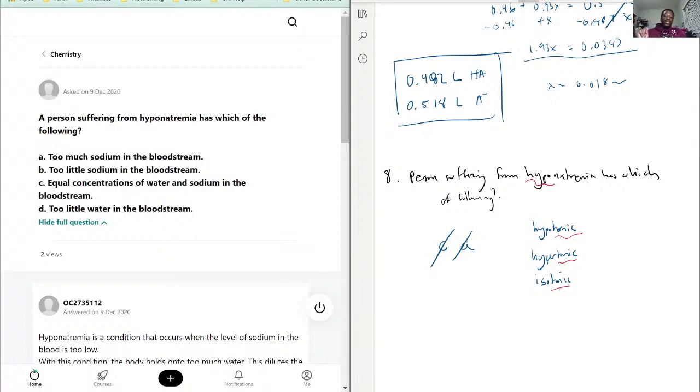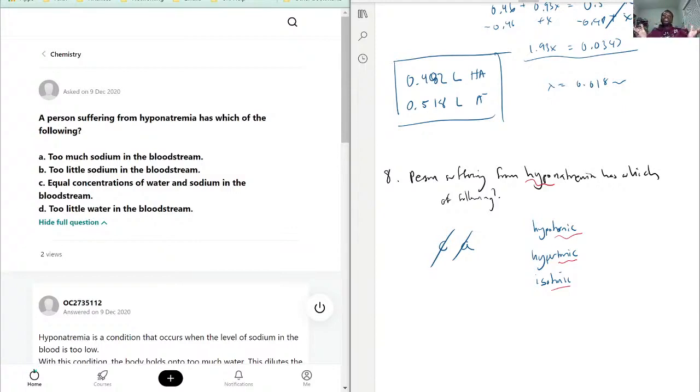So with that being said, when you think of a hypotonic solution, it's saying that compared to another solution, this solution here is less concentrated. So it's referring to the solutes in that solution. Hypertonic is usually referring again to the solutes, but it's going to be more concentrated than a different solution, and isotonic would be equal concentrations of both.